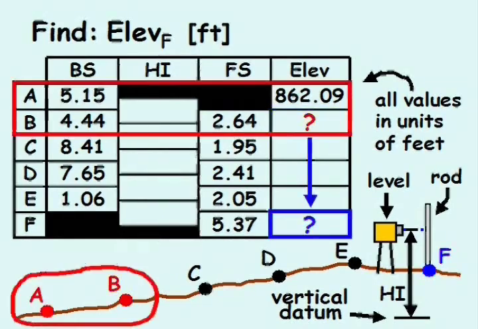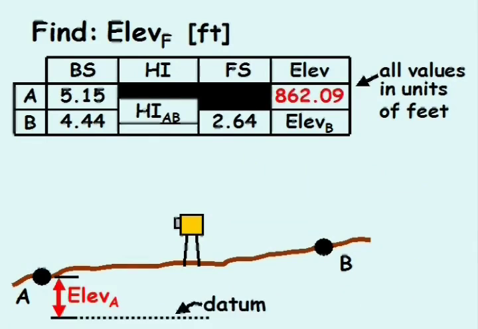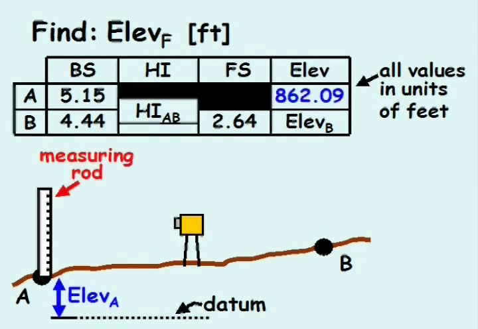If we take a closer look at points A and B, we can better understand the leveling procedure. From the problem statement, we know the elevation at point A equals 862.09 feet. If we place the measuring rod at point A and take a level reading from the instrument to the rod, the backsite distance for point A is the vertical length from the ground up to the sighted location on the rod.